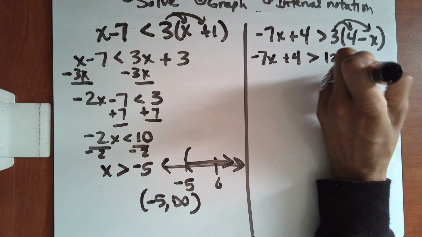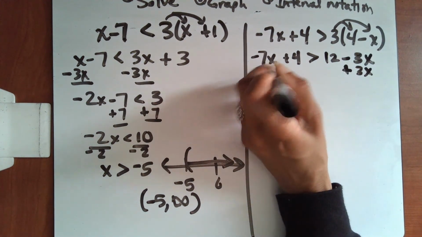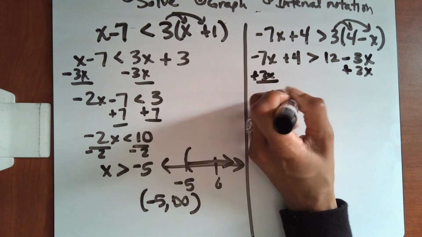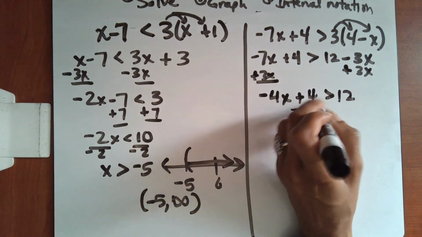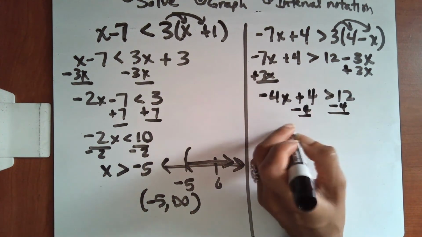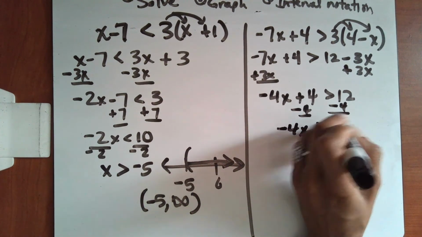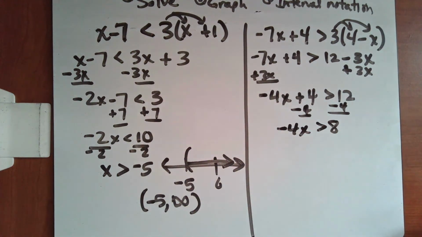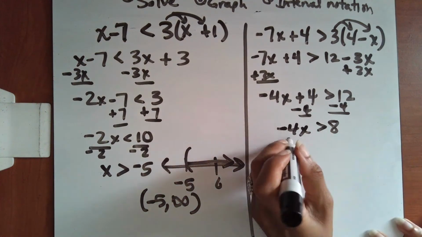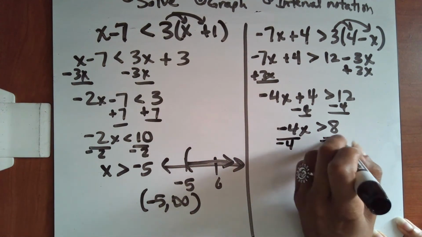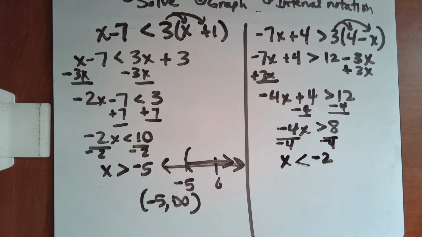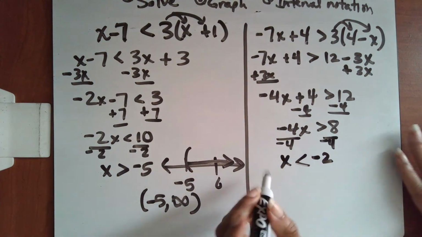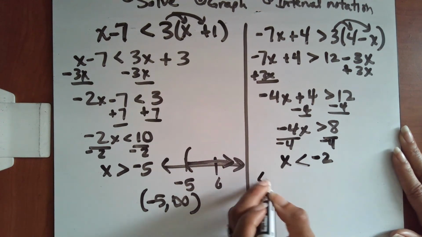So again, for me, I like to get my variables together. I'm going to subtract 4 on both sides. So negative 4x is greater than 8. I'm going to divide both sides by negative 4. And what happens here? Well, because I divided by a negative, the inequality symbol flips the other way. So I get x is less than negative 2.